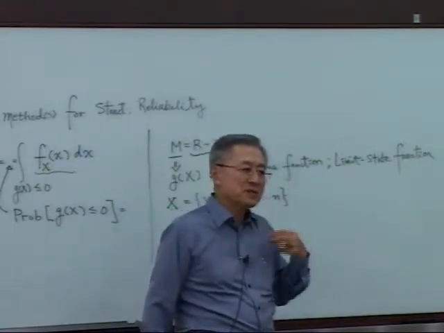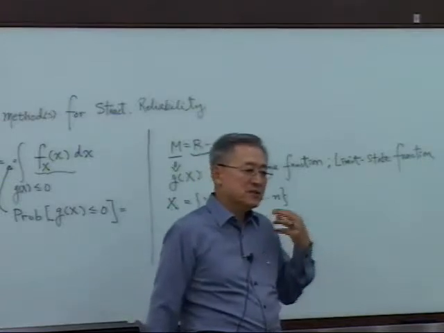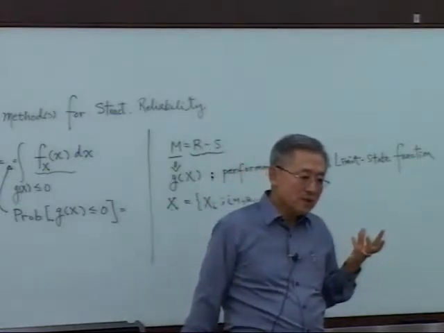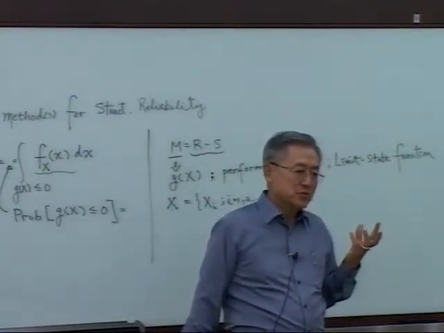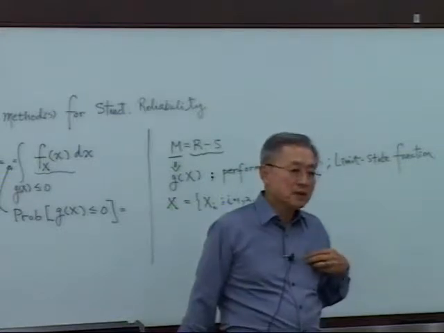Even with two random variables, if it's a normal probability model, it's so easy.